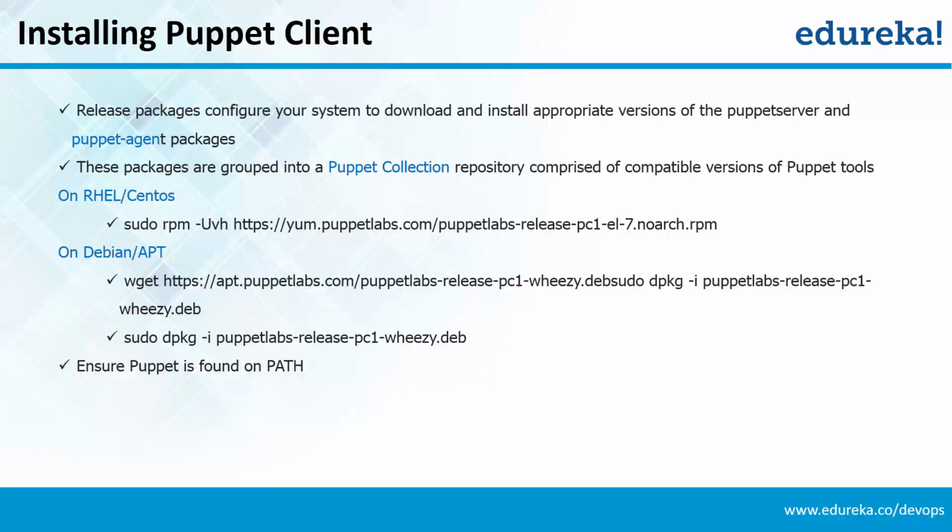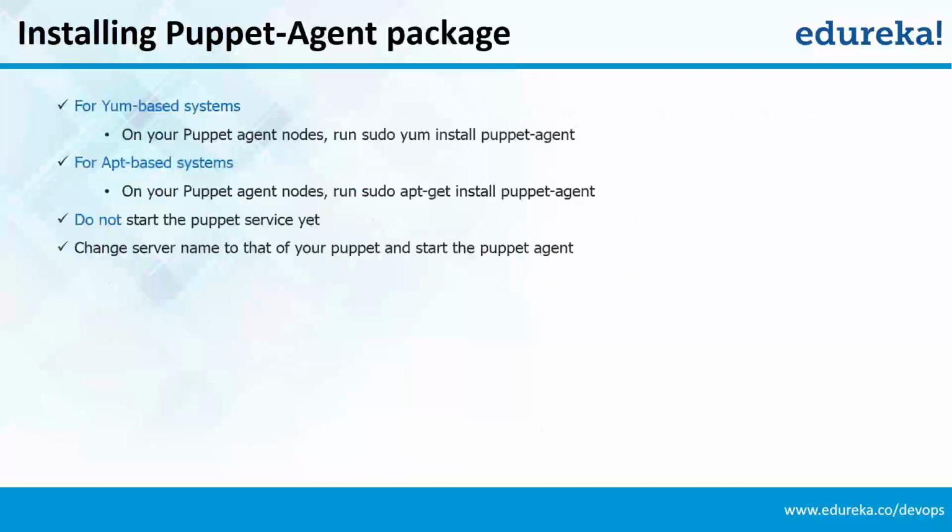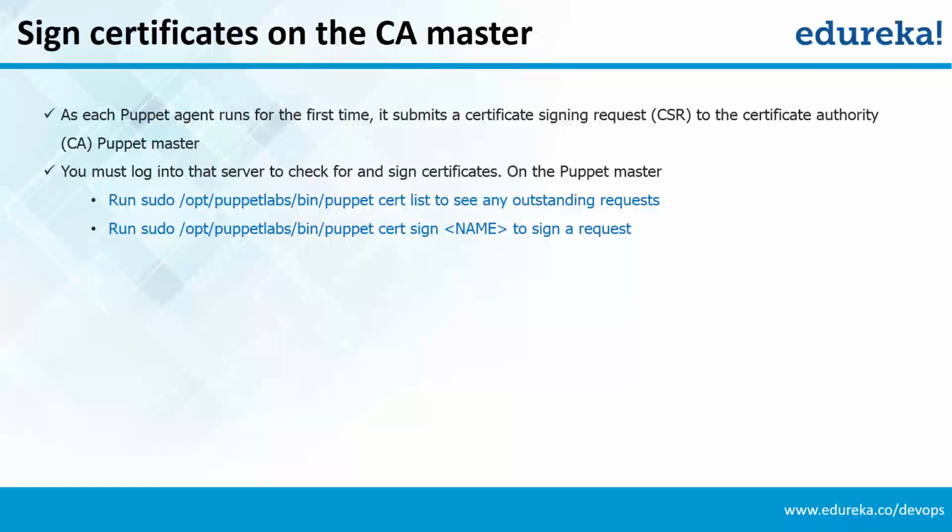The client is exactly the same as we just said. You don't need to do anything extra here. By default, your services are automatically started. As we said, you do have to make slight changes to the agent configuration: make sure that the server setting is correct so the configuration runs fine.